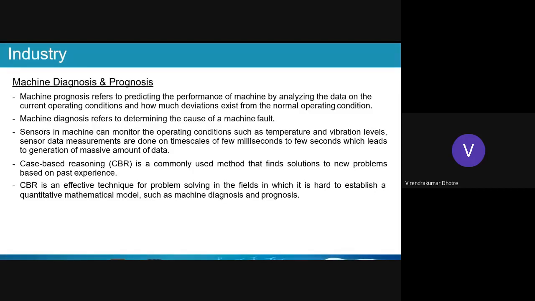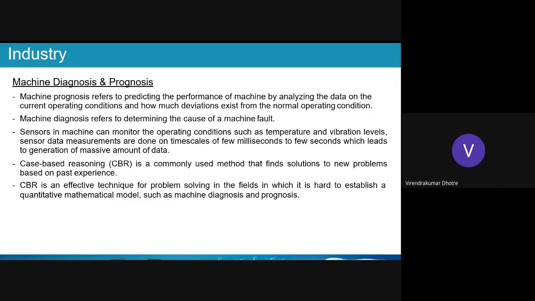For example, one machine is producing 1,000 units in a single day, consuming this much raw material and electricity. Then if input conditions vary, how much will it produce? We collect this kind of data and predict. And if these deviations are more in number, then we can guess what will happen to the machine.